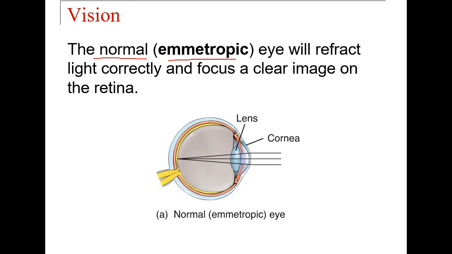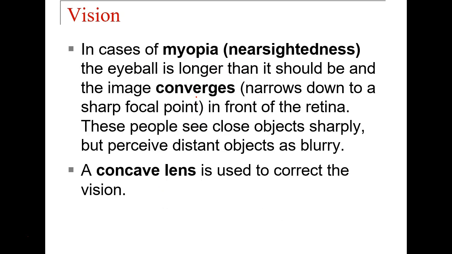So normal vision is going to be emmetropic. An emmetropic eye or emmetropic vision will refract light correctly onto the retina. We all know somebody who happens to be nearsighted or farsighted. So nearsightedness will be myopia. So that eyeball is usually larger than what it should be. So this will move the retina farther than what it should be for light to converge.